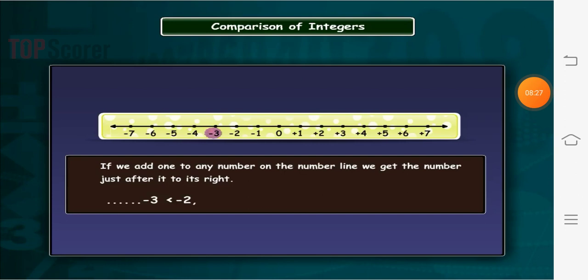And on the left side, the numbers 1, 2, 3, 4 keep on increasing but with the negative sign.